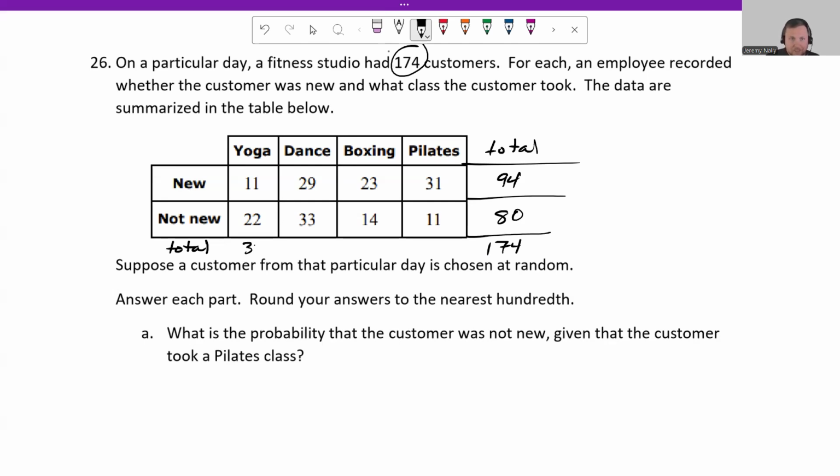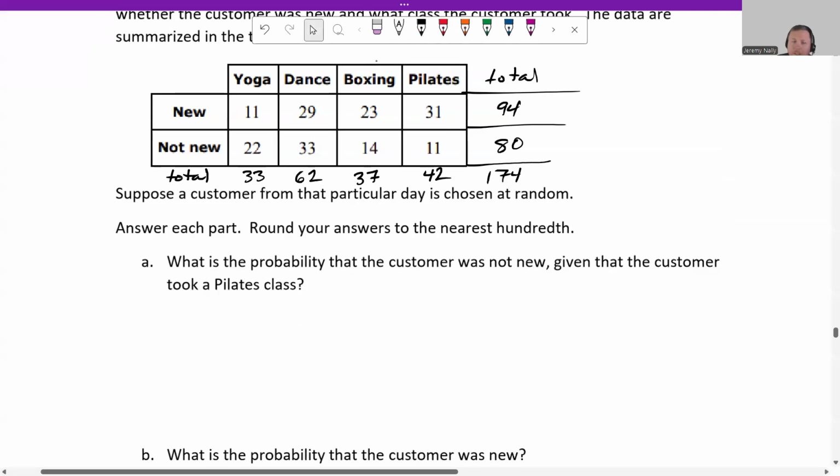And then 33, 62, 37, 42. And then you can do a quick sanity check and just make sure that those also add up to 174. All right, and then we're rounding all of these probabilities to the nearest hundredth, so I don't have to worry about reducing fractions or anything on this particular problem.